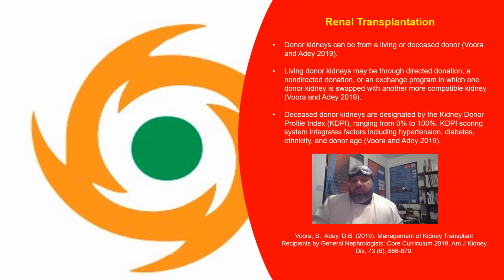Donor kidneys can be from a living or cadaveric donor, and living donors can be through a directed donation, a non-directed donation, or an exchange program in which one donor kidney is exchanged with another more compatible kidney in this context.